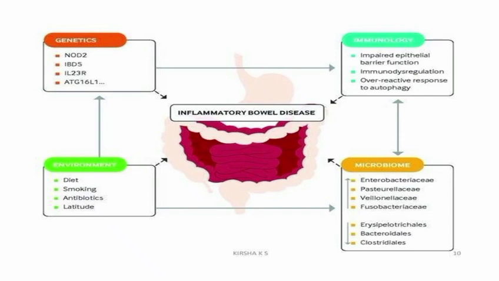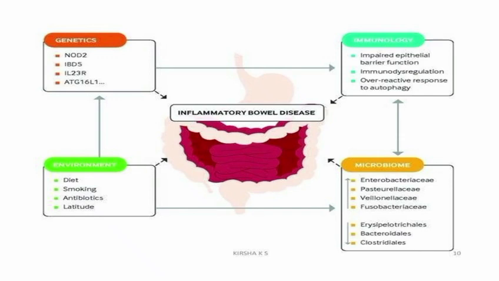First one is genetics, that is the receptors when they get affected easily. The next one is immunology, which is mainly due to impaired epithelial barrier function and body regulations, and an overreactive response to autophagy.